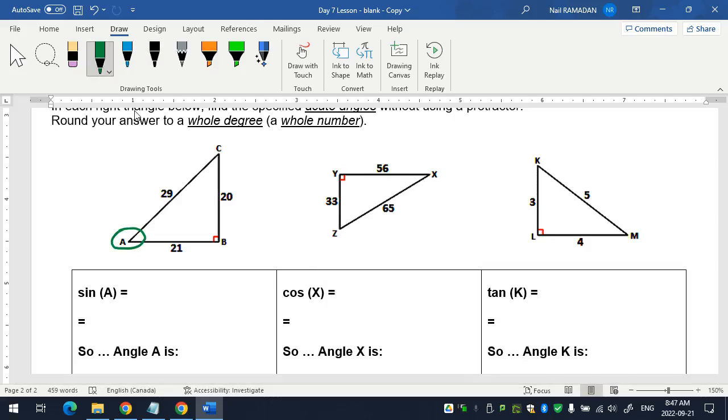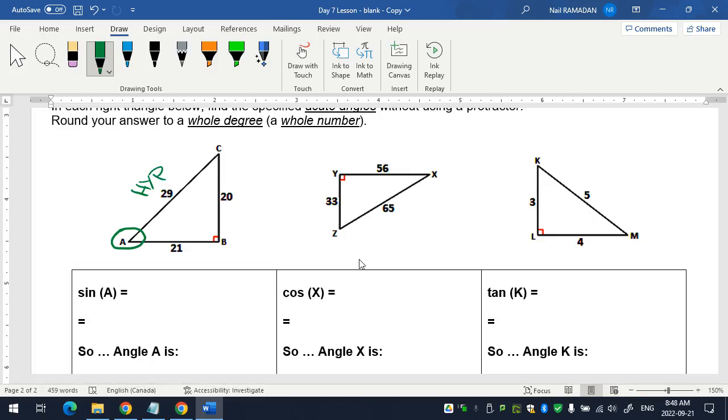Okay. Are the sides labeled yet? No, not the corners are labeled, but are the sides labeled yet? We have numbers, but do we have words on them? No, we don't. We put the words. Which one is the hypotenuse? 29, definitely. Hype is here. Okay.